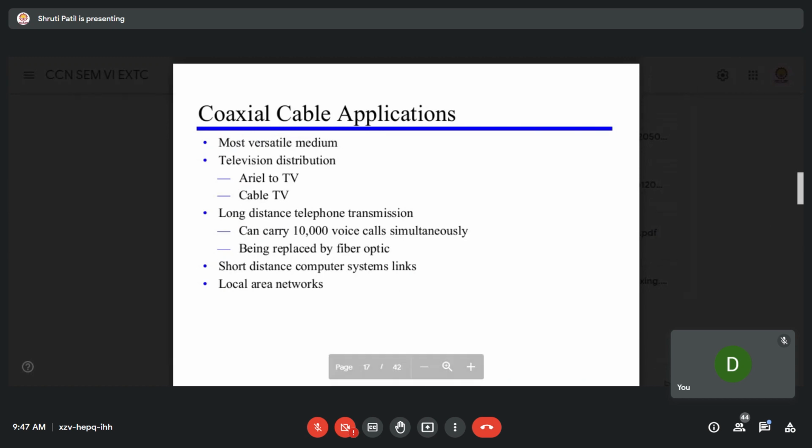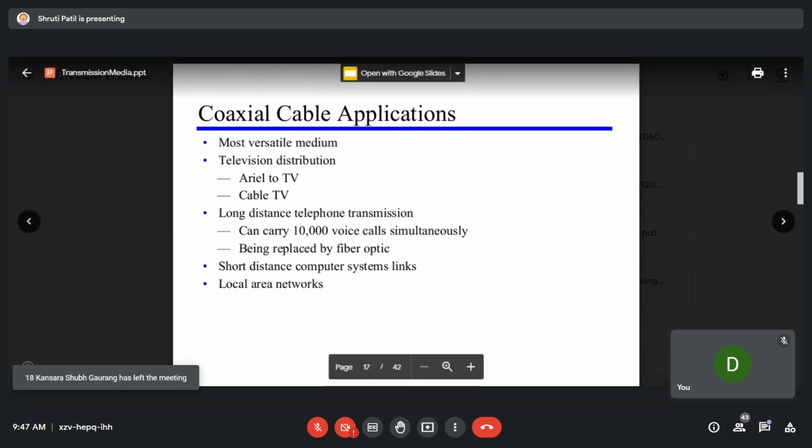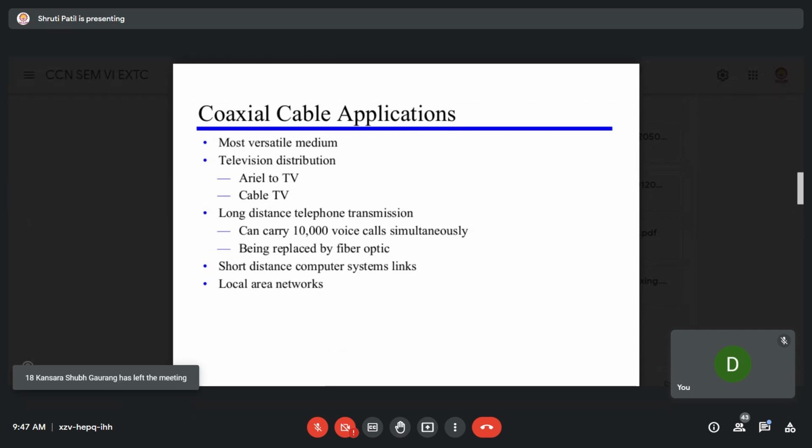Applications: it is used for TV, from aerial to TV and cable TV. It can be used for long distance telephone transmissions, carrying 10,000 voice calls simultaneously, but now it is replaced by fiber optics. Short distance computer system links and LANs use these coaxial cables.